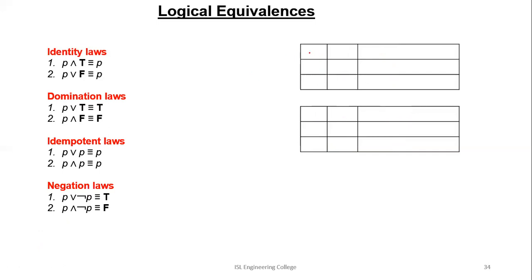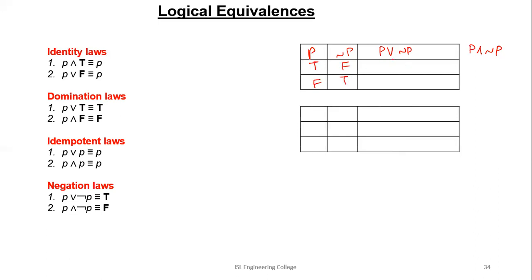So negation law is P or negation P, P and negation P. We have to find P or negation P. Similarly, I'll find it over here too, P and negation P. So P is true, false, and negation P is false, true.